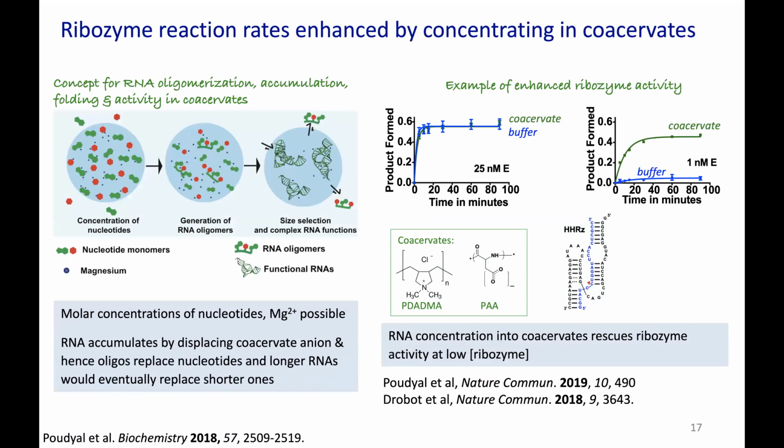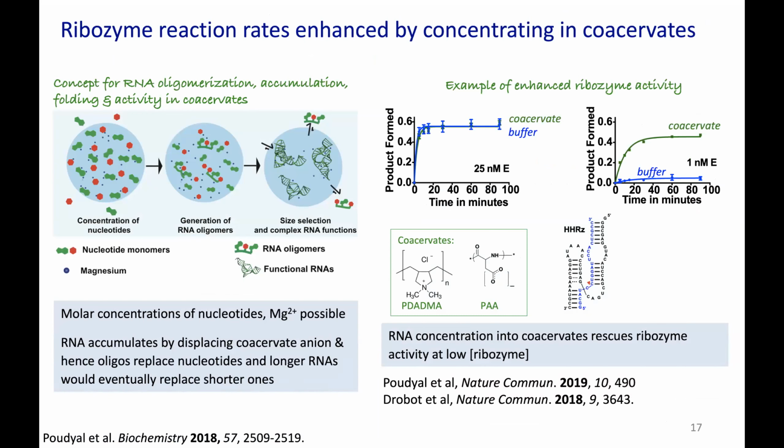People have thought about how you might draw cartoons similar to the protocell liposome RNA replicator that we saw earlier. This would be a cartoon where you're thinking about a coacervate that concentrates nucleotides and magnesium, and that facilitates their oligomerization and non-enzymatic replication.